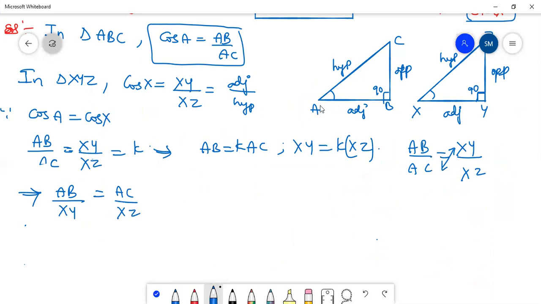From the third one, AB by XY, AC by XZ, then one more relation we can prove is BC by YZ. When we take this equal to any one of these relations, then these three are equal. For that we can take BC by YZ by the Pythagoras theorem.